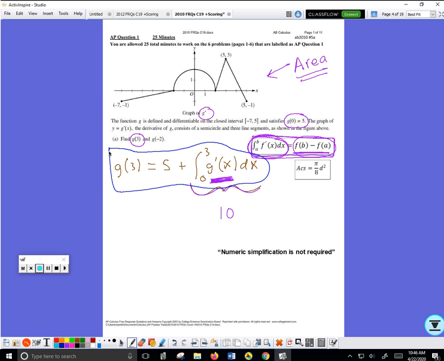I understand that is the fundamental theorem of calculus. I think part of it where I get confused is I want to take the integral part of it and be like, oh, g prime of 3 minus g prime of 0, and then find the integral that way instead of doing the area.